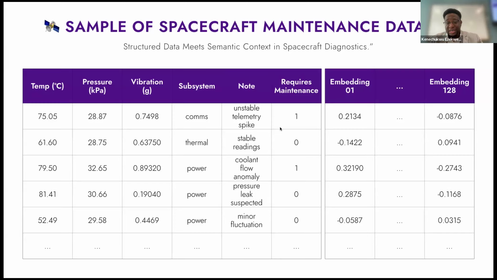Then we have 1 if that subsystem requires maintenance, and 0 when it doesn't. So the real question is this: what happens when we add 128 additional columns, which are the embeddings generated from just the notes column of this data set? We'll find out what that means for us, okay?